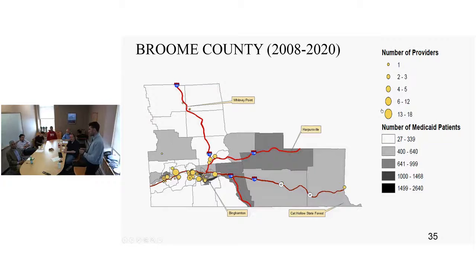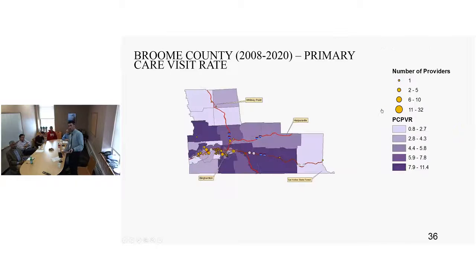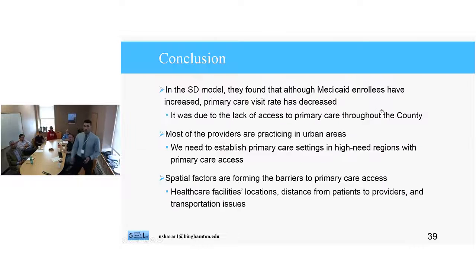Our next step is getting more data, since the fraction may change over that 12-year period. But so far, these are the assumptions that we have made. So we found that Medicaid enrollees are increasing and primary care visit rates are decreasing. That's based on the system dynamics simulation model. When we mapped, we realized that maybe lack of access to primary care is the reason.